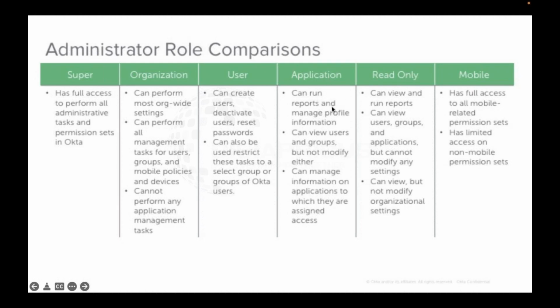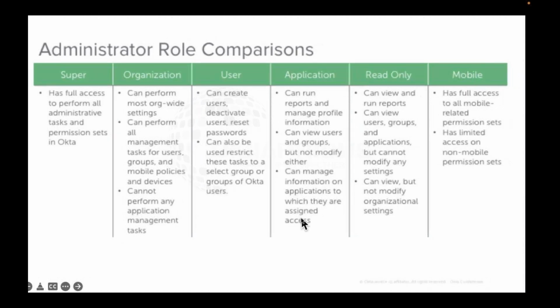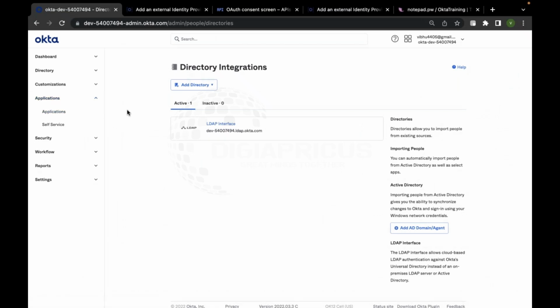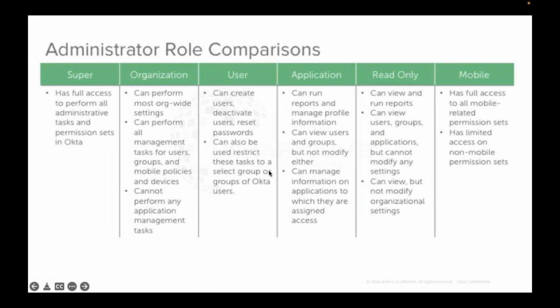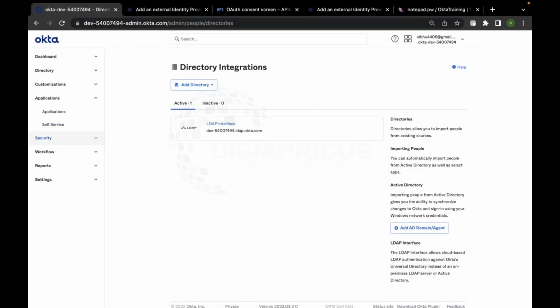Then you'll have an application admin. They can run reports and manage profile information. They can view users and groups but not modify either. They can manage information on applications which they are assigned access to. We are going to assign applications to them as an application admin. For example, I have 5 applications created in Okta, so out of 5 I'll make someone an application admin with 3 applications.